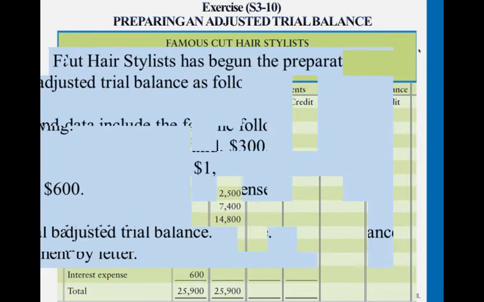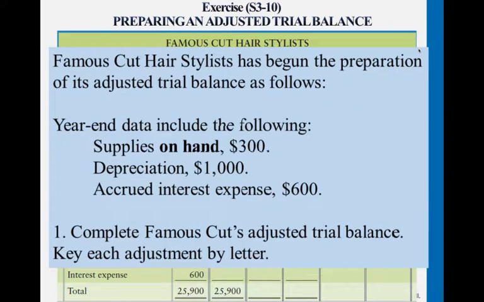All right, for this problem here, it tells you that year-end data includes supplies on hand, $300, depreciation, accrued interest, $600. These are the only three entries that needs to be addressed.